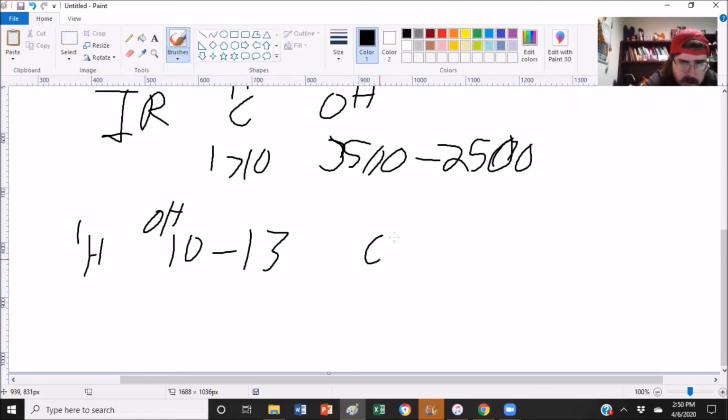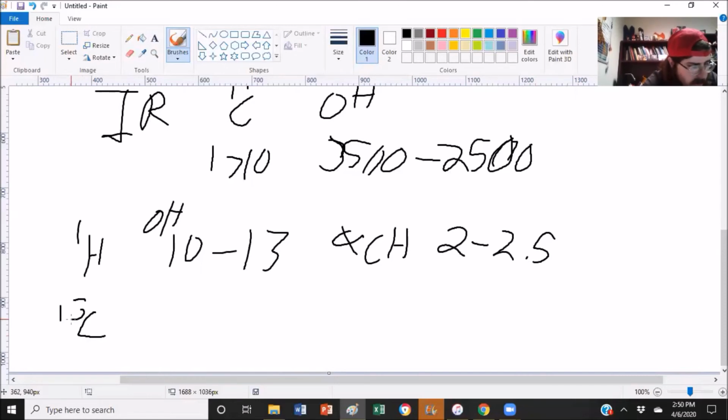And the CH alpha to these guys are going to be between 2 and 2.5, shifted based on how close they are to the carboxy group. So it's a little bit of a crapshoot to try to read this.